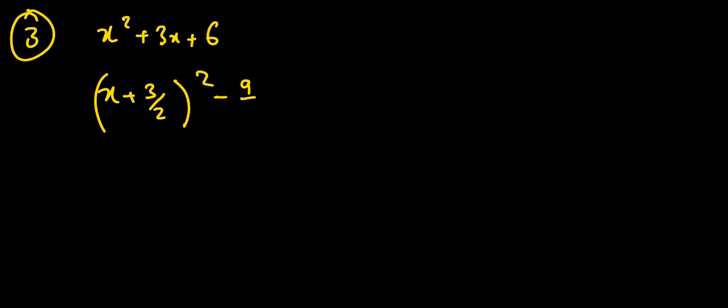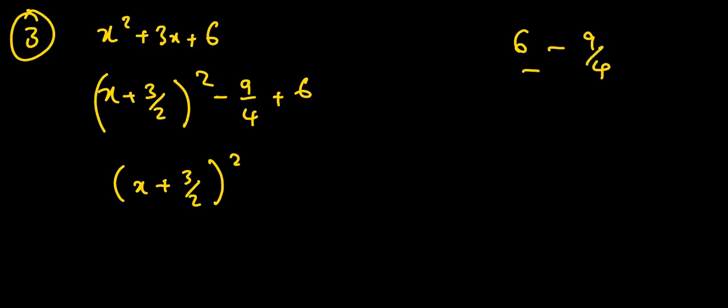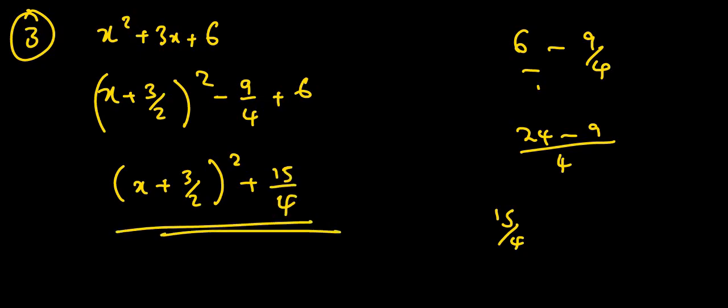I mean 3 over 2 squared, that's going to give us 9 over 4. Then this is going to be 6 minus 9 over 4. This is going to give us a 4, that's 24 minus 9. That's going to give us 15 over 4. So this is just a plus 15 over 4. So you tell them that the h is just 3 over 2, and the k is just 15 over 4.